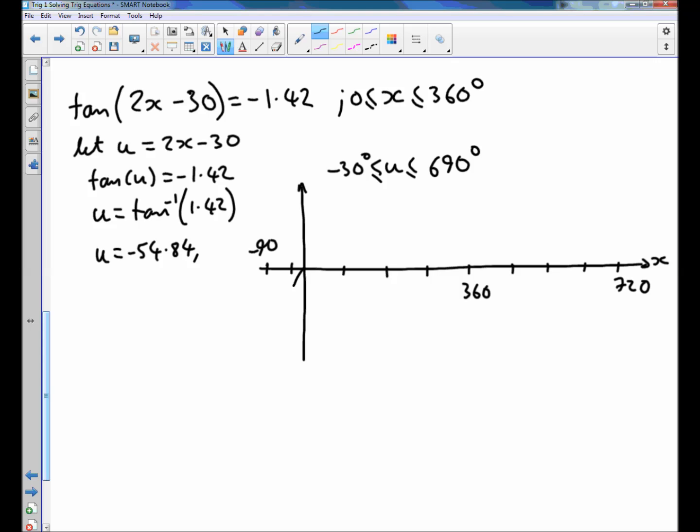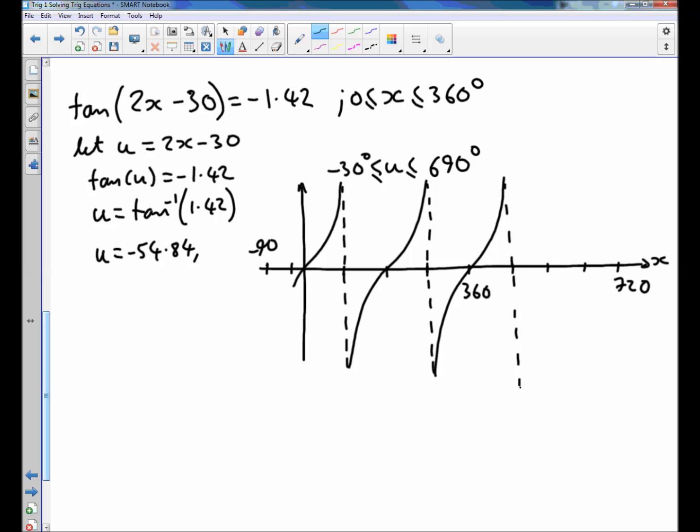So my graph is going to look something like this. I don't need to go all the way to 720, I just need to go up to 690.